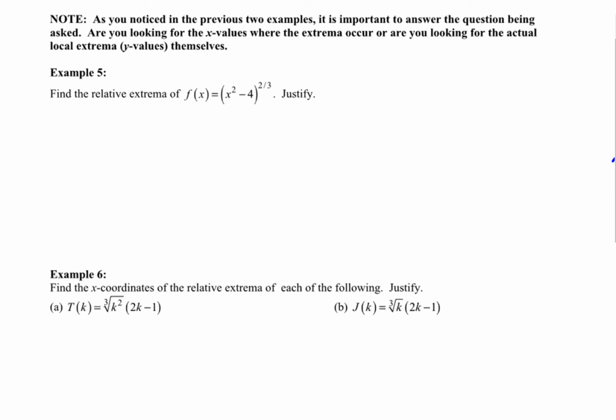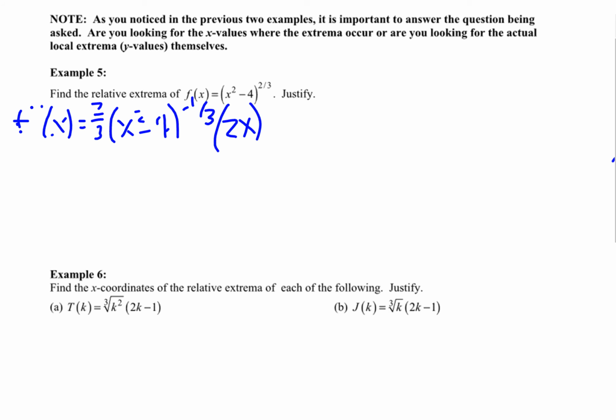Okay, so this one, find the relative extrema, so we have to take the derivative. 2/3 x squared minus 4 to the negative 1/3 times 2x. Don't forget the chain rule there. All right, this looks pretty bad, so let's try to make it better.